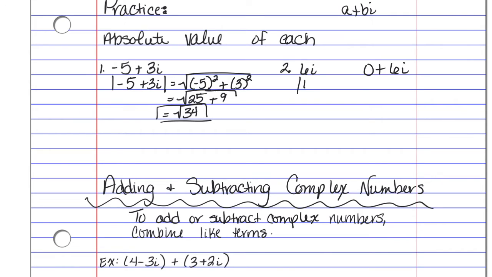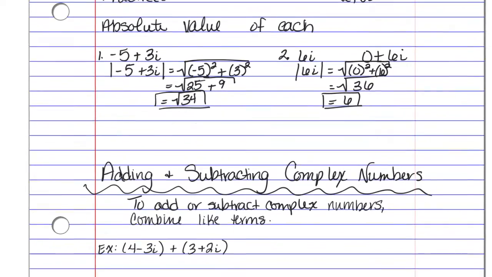So the absolute value of 6i is equal to the square root of my real component, which is 0, squared, and my imaginary component, which is 6 squared. 0 times 0 is 0. 6 times 6 is 36. So it gives me a grand total of 36. And the square root of 36 is 6. And that's it.